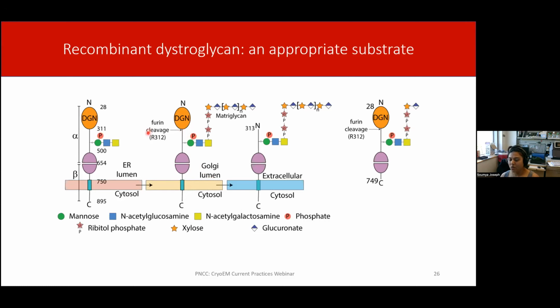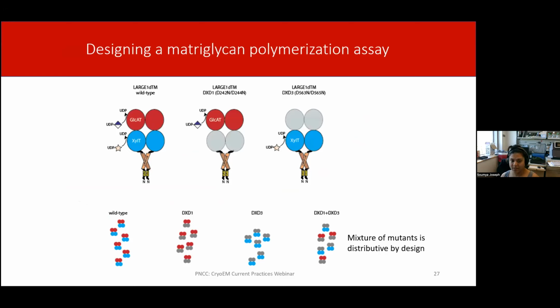So we mutated the furin cleavage site into an alanine, and we chopped off the membrane portion, so we have this secreted soluble form of dystroglycan. And this is what we used as a substrate for matriglycan polymerization assays.